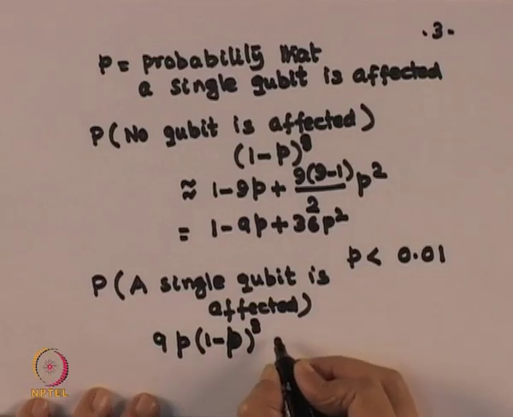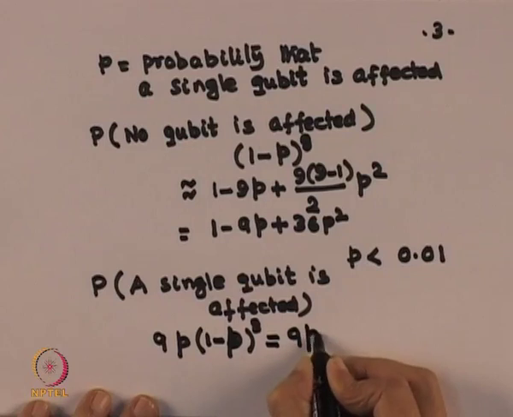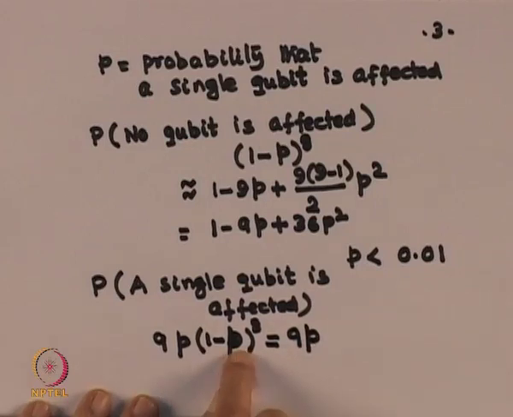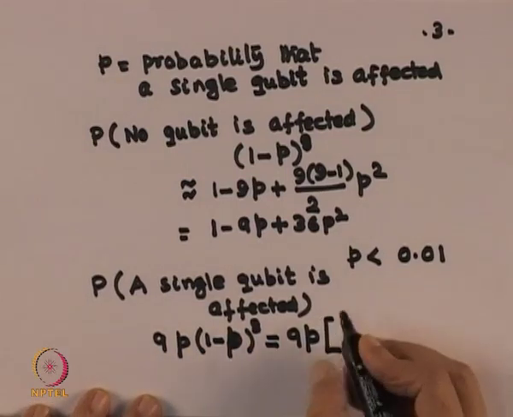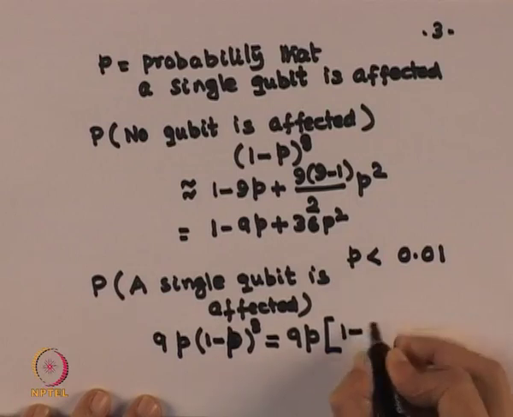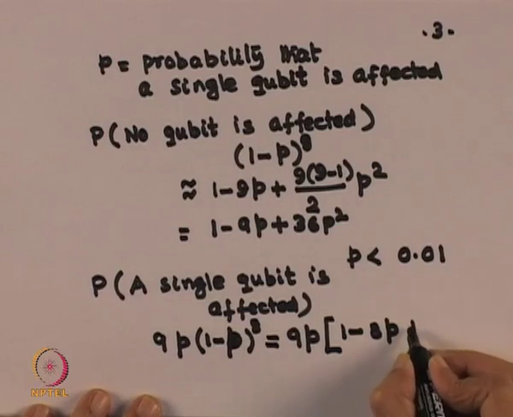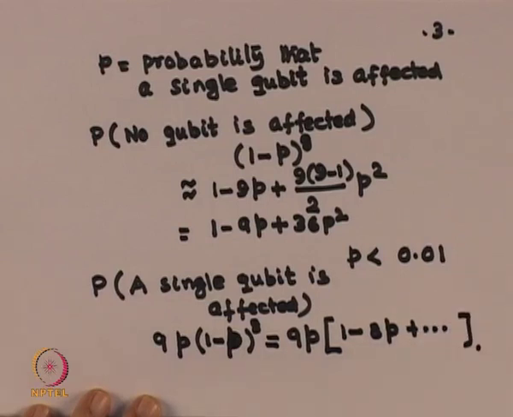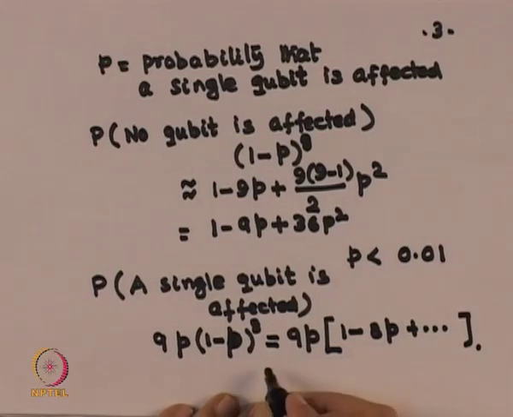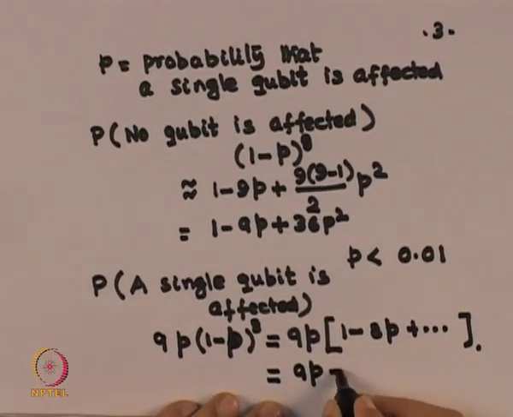Now expand this also in a binomial expansion. The expansion is 1 minus 8p, plus of course etc., etc. So this quantity would be 9p minus 72p square.